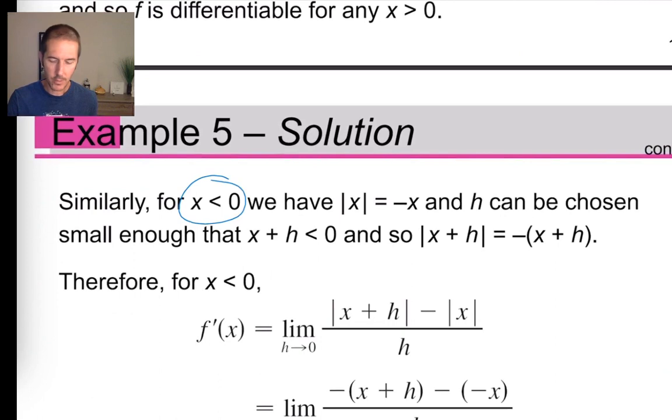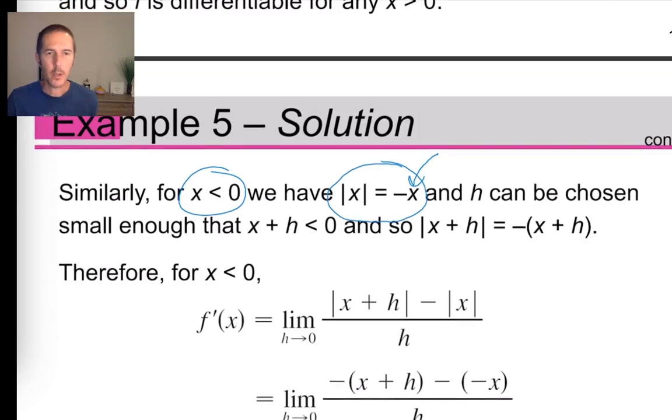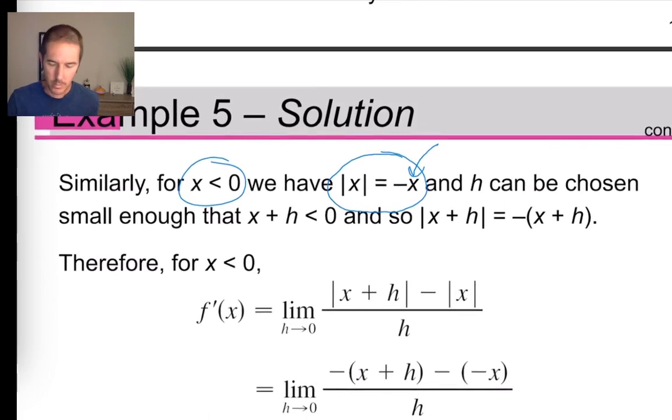Similarly, for x values that are less than 0, as I talked about as part of the piecewise function, for the absolute value of a negative value, we return the opposite of that negative value. And since x is negative, if we add an h value to it, where that h value is crazy small, even if it's a positive h value, I can make the h value small enough that x plus h is still less than 0.